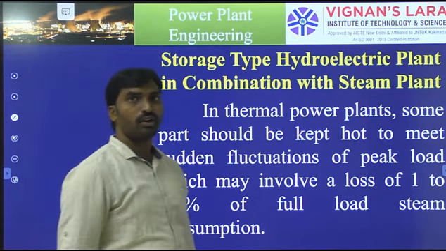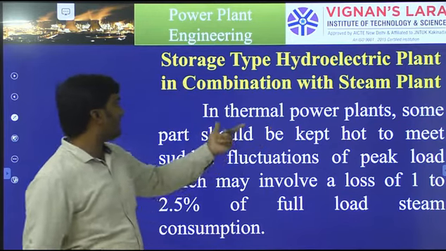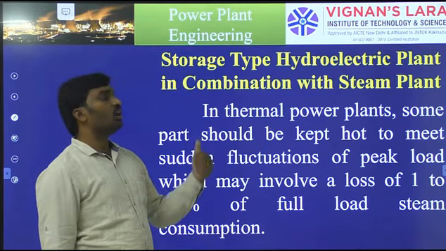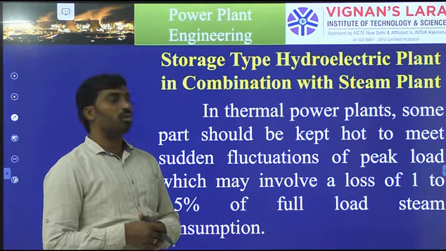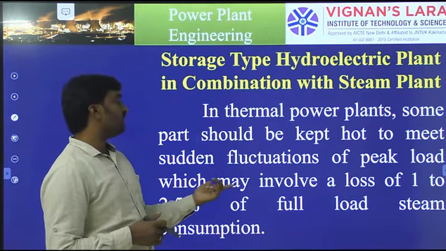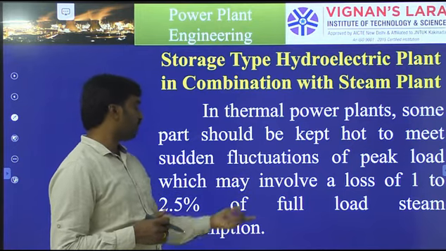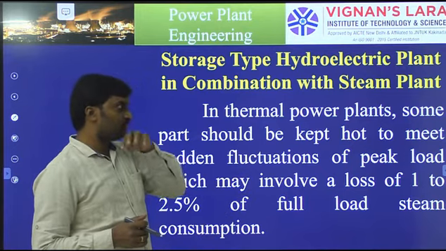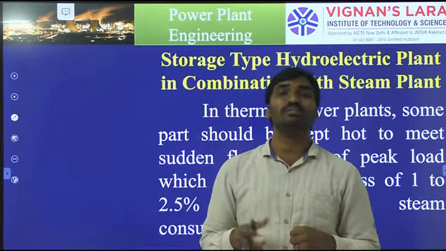Storage and pondage conditions. See here, in thermal power plants, some parts should be kept hot to meet the sudden fluctuations of the peak load, which may involve losses of 1 to 2.5% of full load steam consumption.